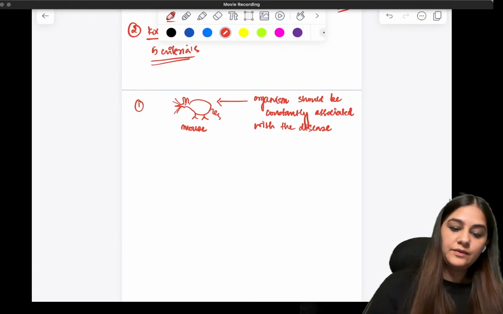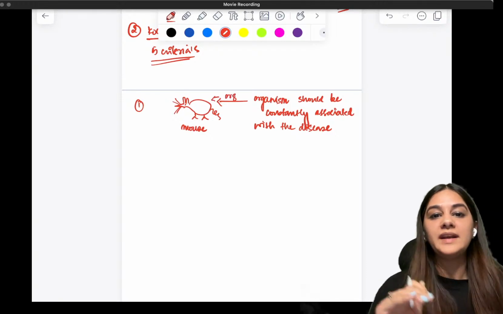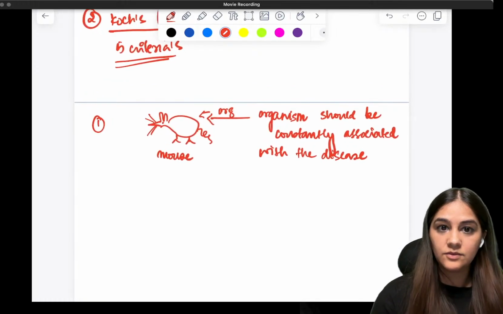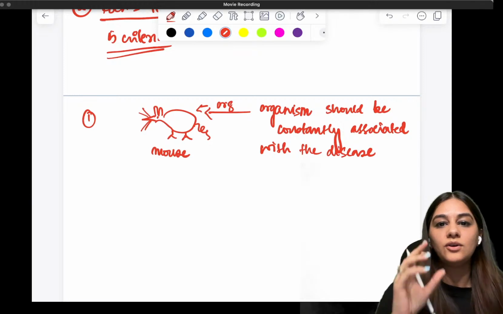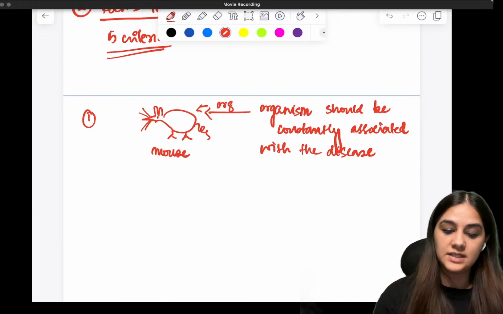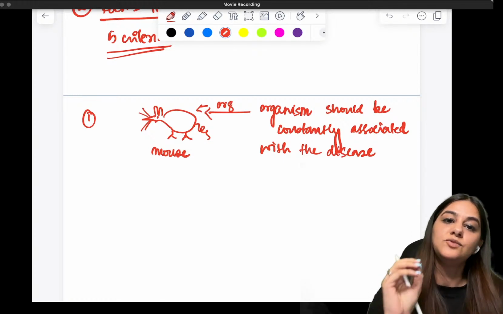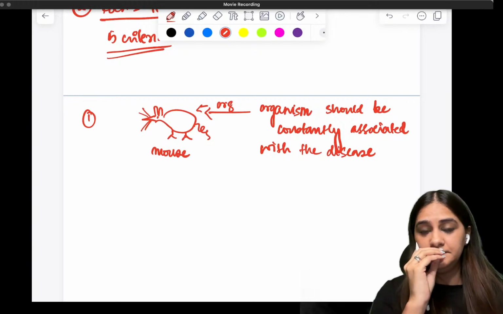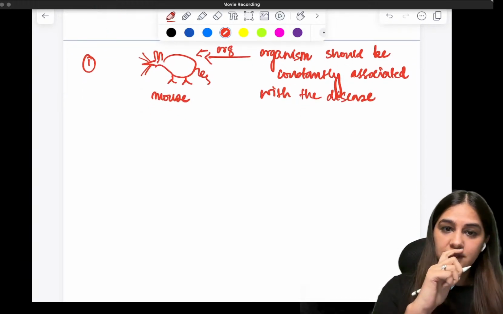So, if some organism infects the mouse, okay, I'm going to zoom it in. So, if an organism infects the mouse, that organism should be constantly associated with the disease. That means at every point of time, that organism should be present within that animal, right? So that is the first one.